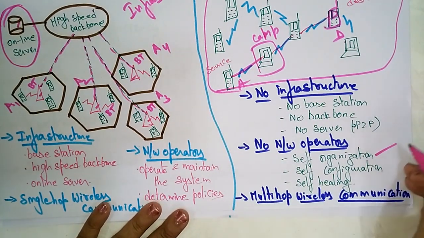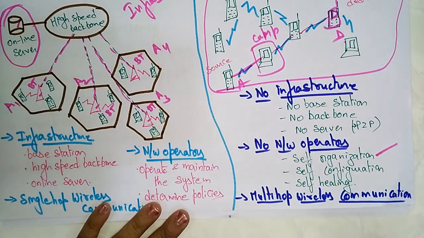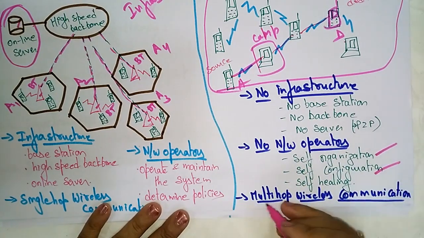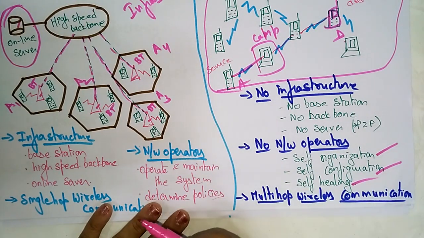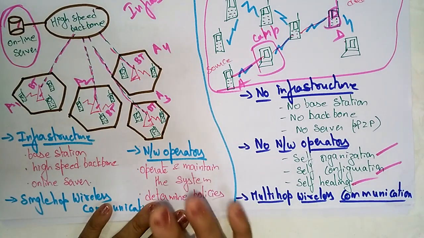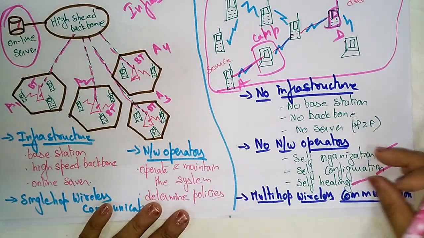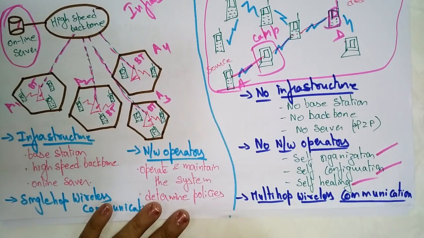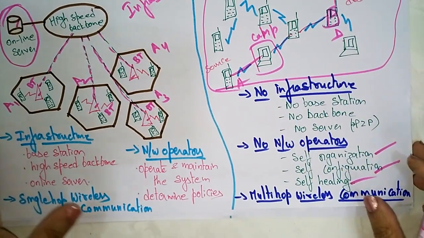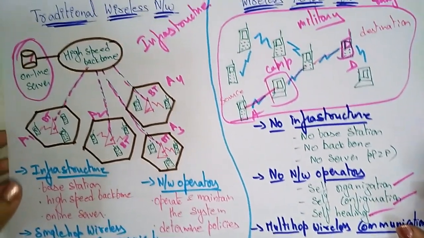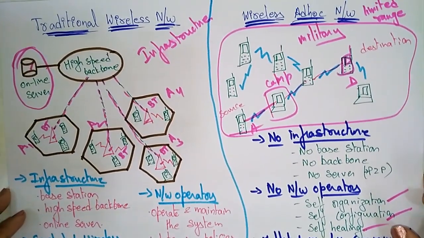Everything is self-organization: you install it and access it. Self-configuration, self-healing. If there is any problem, you can reinstall it or fix it yourself, in your mobile phone or laptop. So no network operators are required. It is a multi-hop wireless communication. So this is the main difference between the traditional wireless network and the wireless ad hoc networks.